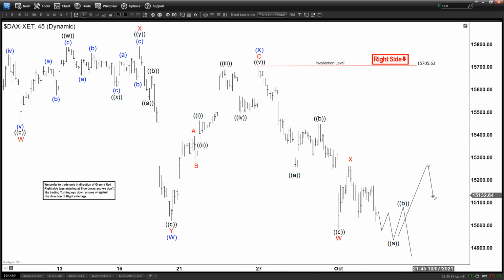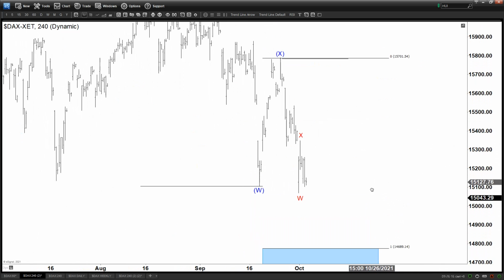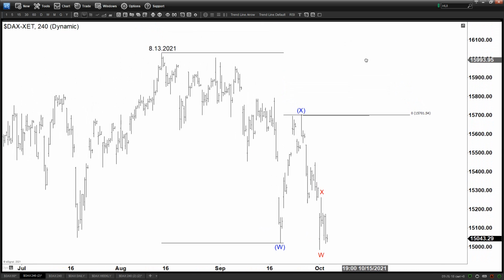Then you simply call this 1, 2, 3, 4, 5, ending A, and then you got A, B, C, B, and then go down again. So still the same, as long as we stay below 15,705, we're looking for the downside with a target towards 14,689. All right, so that's the update today.